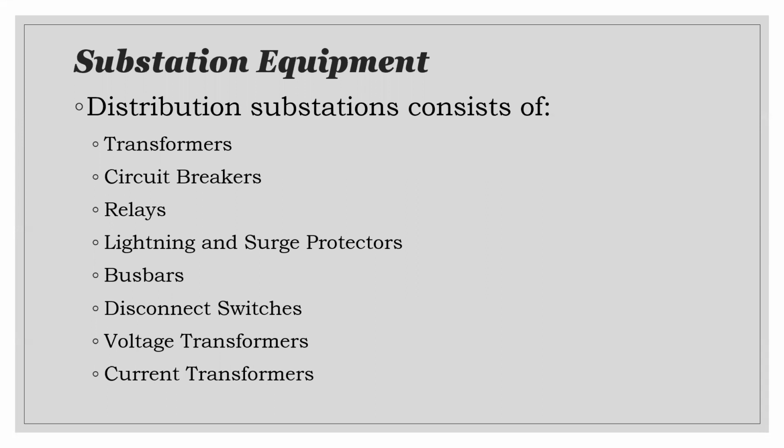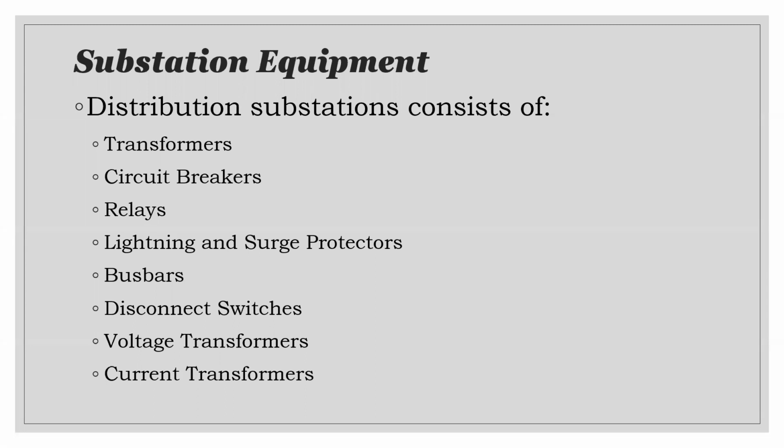So you have your bus bars, you have your disconnect switches. Then you have voltage transformers and current transformers. These are used as part of your protection system. Now, not all this equipment will be used in our substations. So you may not find voltage transformers in our substations, for example.